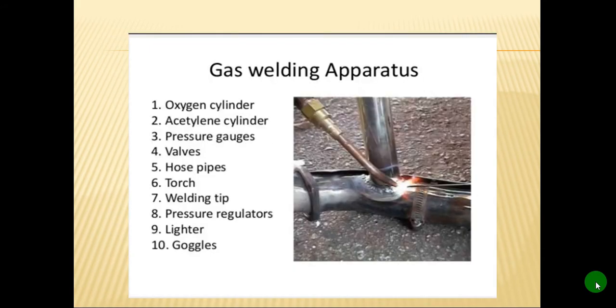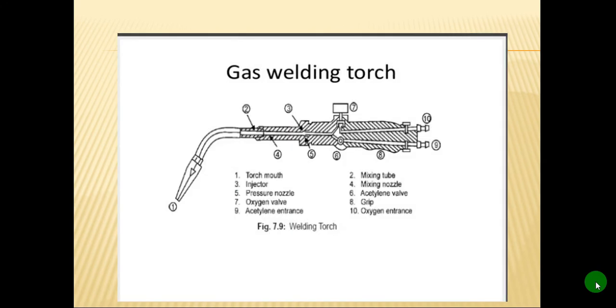Gas welding apparatus: oxygen cylinder, acetylene cylinder, pressure gauges, valves, hose pipes, torch, welding tip, pressure regulators, lighter, goggles. Gas welding torch.